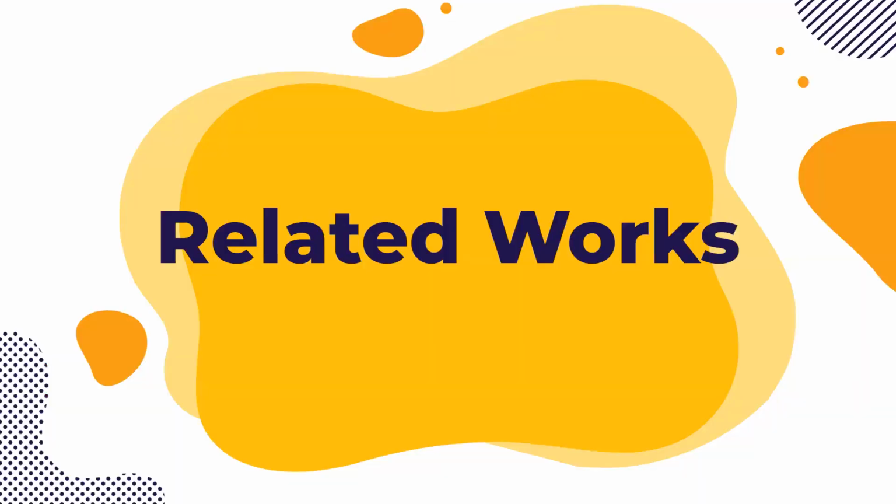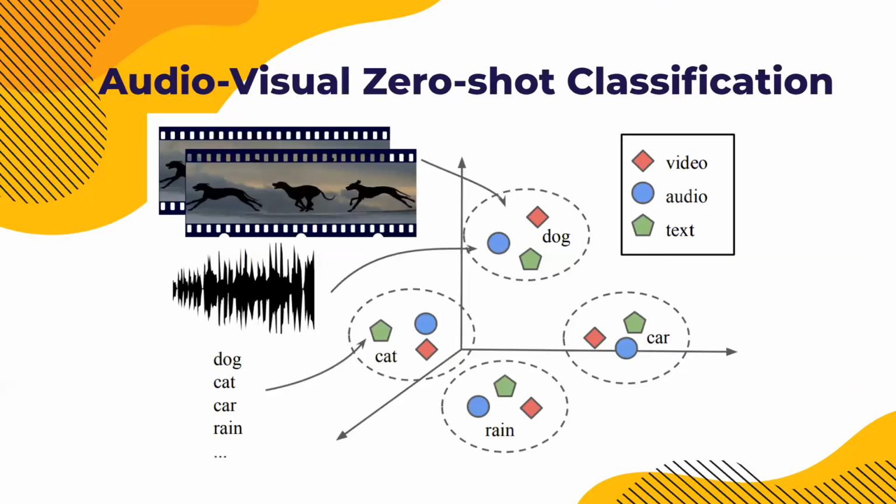The next section is discussing the two areas of related research in the field of dual modality neural networks. Audiovisual zero-shot classification. One of the related works that I reviewed, I also did for my literature review. This is the audiovisual zero-shot classification paper. This paper presents a multimodal approach for zero-shot learning classification retrieval of videos.